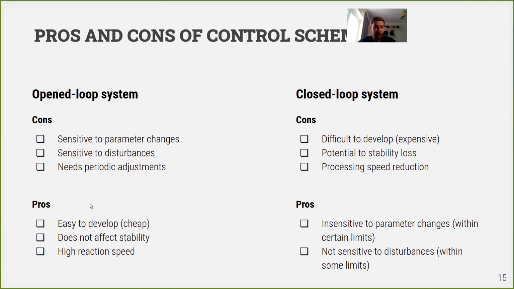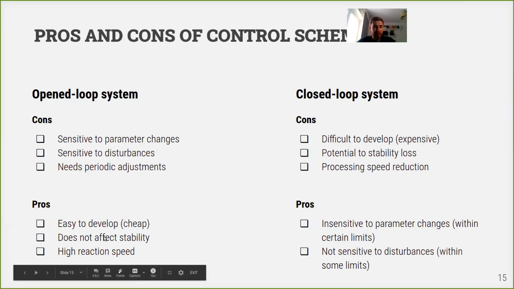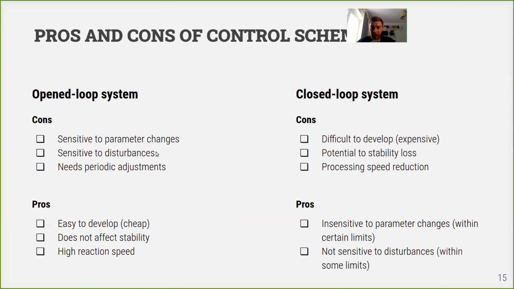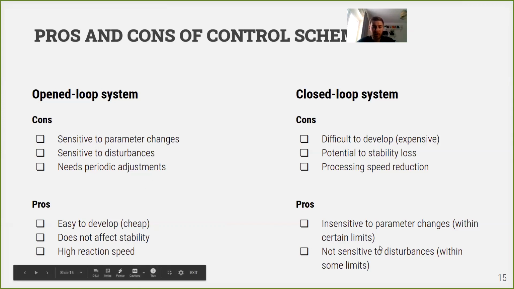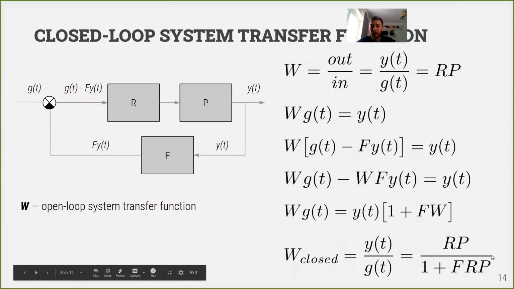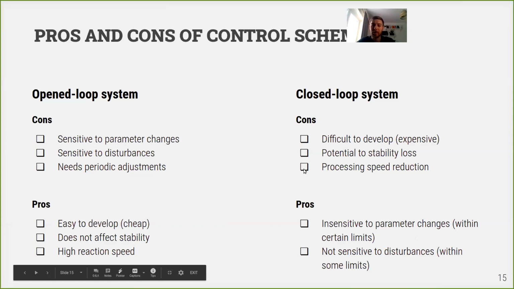But there are positive things. For example, such a system is really easy to develop, which means it is cheap. We do not use any sensors, any feedback, so it's really easy and cheap. The open loop system doesn't have issues with stability. Of course, it does if disturbances are big, but here I mean that with a closed loop system, this feedback loop can lead to instability of the system on its own, and we will discuss it a bit further.